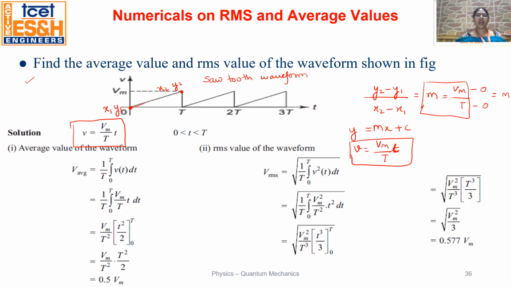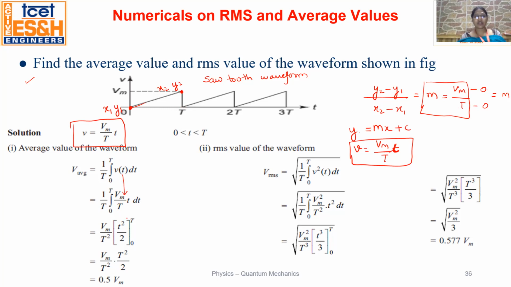Now for finding the average value, you have to take 0 to T as the limit, with 1 by T for the time period, and this is our function. Now put Vm by T multiplied by t in place of v(t) and integrate it.